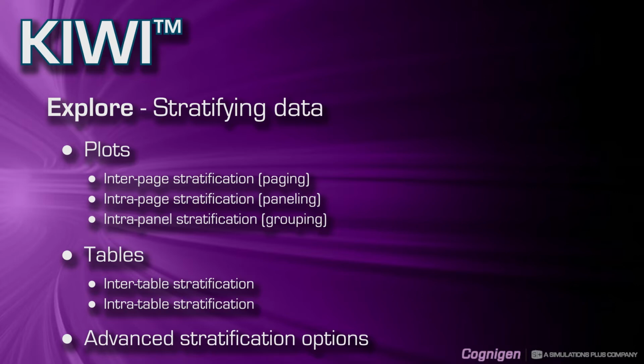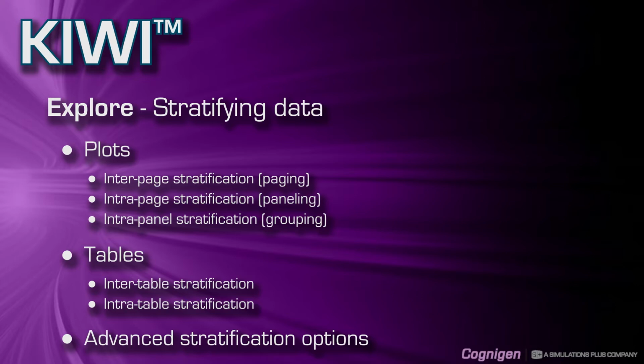For plot categories, I will illustrate the use of Interpage, Intra-page, and Intra-panel stratification. These three different stratification methods can be referred to using nicknames like paging, paneling, and grouping, and you will probably hear me use those terms during this tutorial.